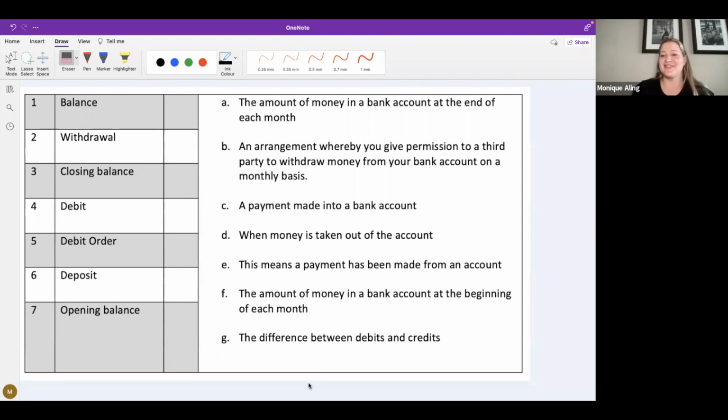Can type it in the chat. Okay, let's see. Ayobongo sent me a direct message and said B. And we've got a G as an answer. So we've got two very different answers here.